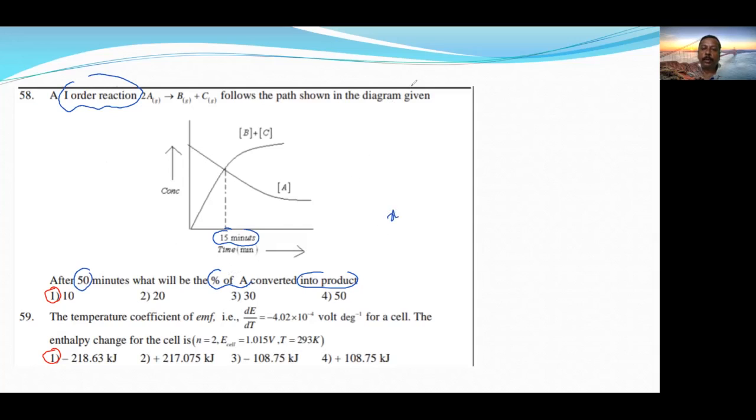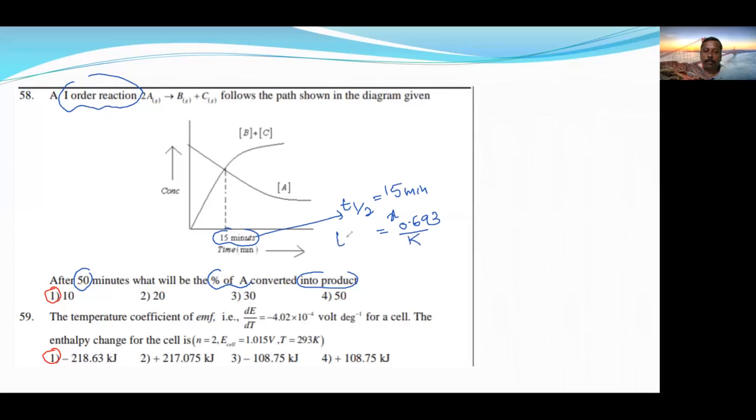Okay. So let me tell you the complete procedure. Okay, here it is half life time. T half is equal to 15 minutes. Okay. T half is equal to 15 minutes. Already we know 0.693 by K is equal to T half.